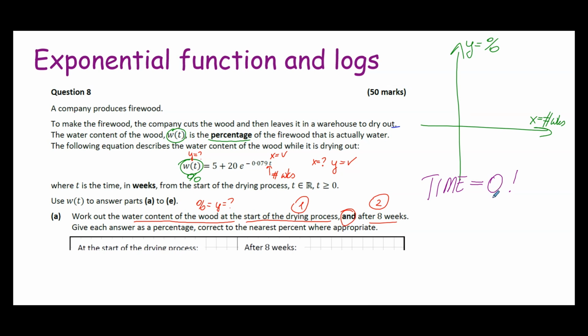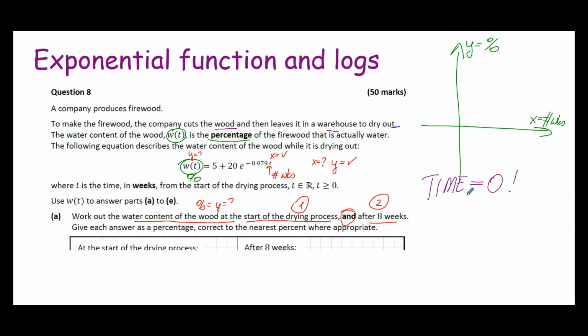At the start, at the beginning, initially, right? So those words, or like here, if I cut the wood and I just put it to dry, so I just place it in the warehouse, there is no number of weeks that has gone. The time will be 0. Yeah? So that's what I'm saying. We have to be aware.